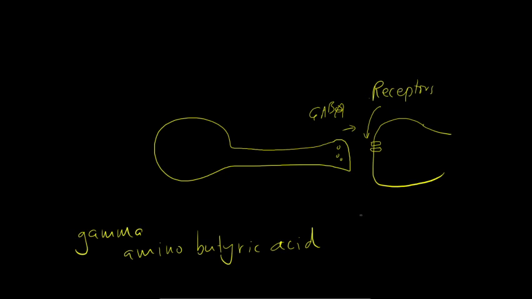These receptors allow the influx of chloride ions into the cell, and that causes a hyperpolarization. In other words, an inhibition of the neuron. So let's have a closer look at these GABA receptors then, shall we?